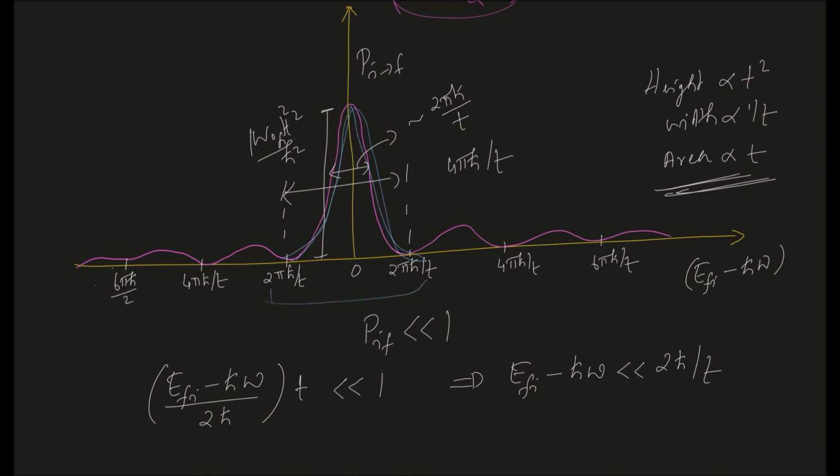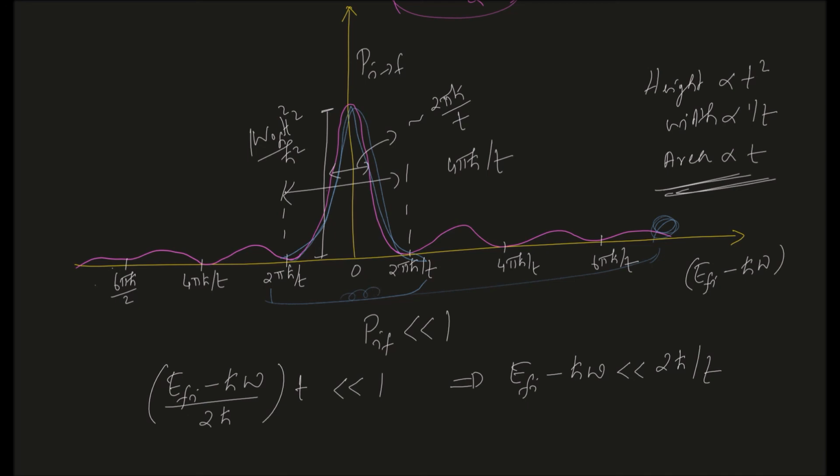So if you consider the transition from one state to a faraway state, then the probability is very less. So that's what I told you: the probability of finding the system in states whose energy differs too much from the initial state is very less compared to the probability of finding it in the neighboring energy state.